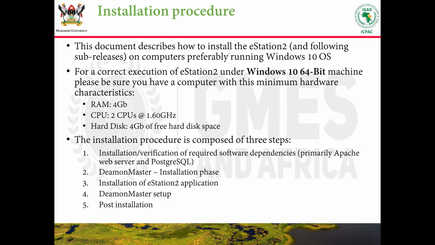I'm not saying if you have 2 GB, it will not work. It will work on your computer, but at minimum, you should have about 4 GB RAM. The CPU is basically the central processing unit of your computer. You can also check it, and I'm going to show you how to check for that.